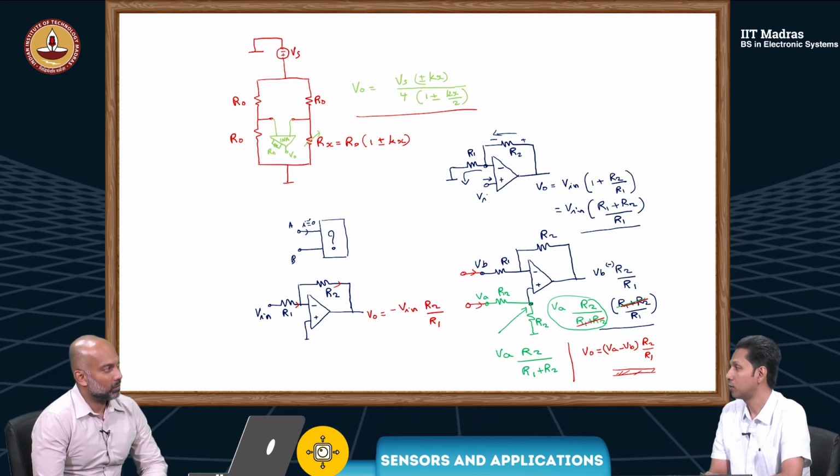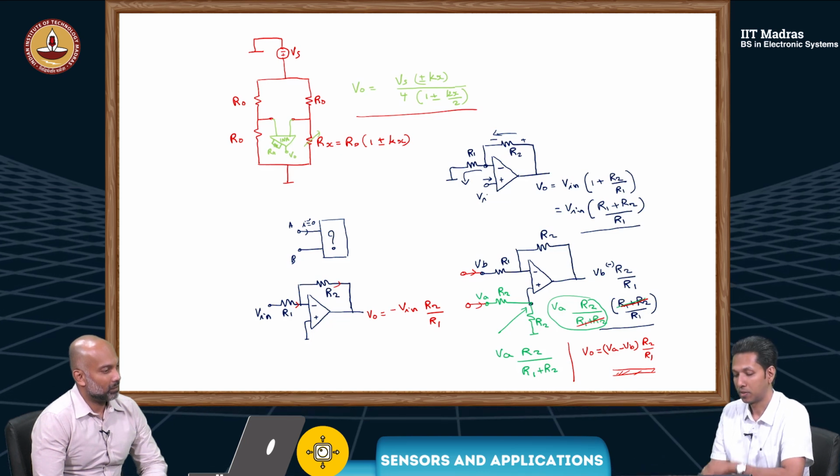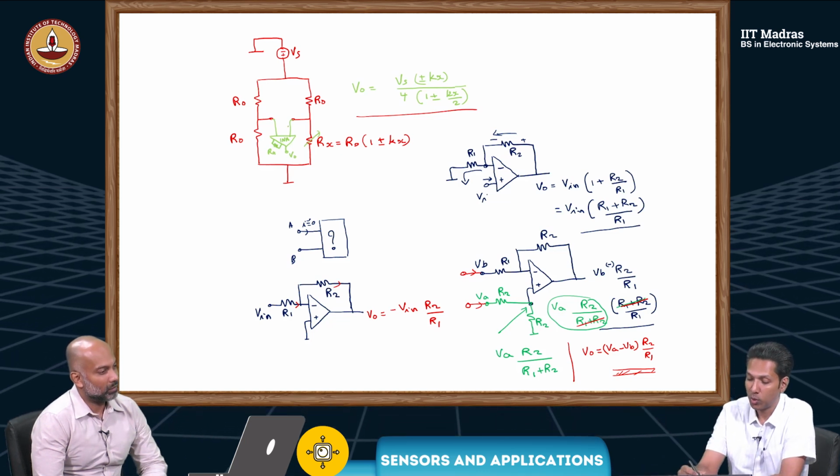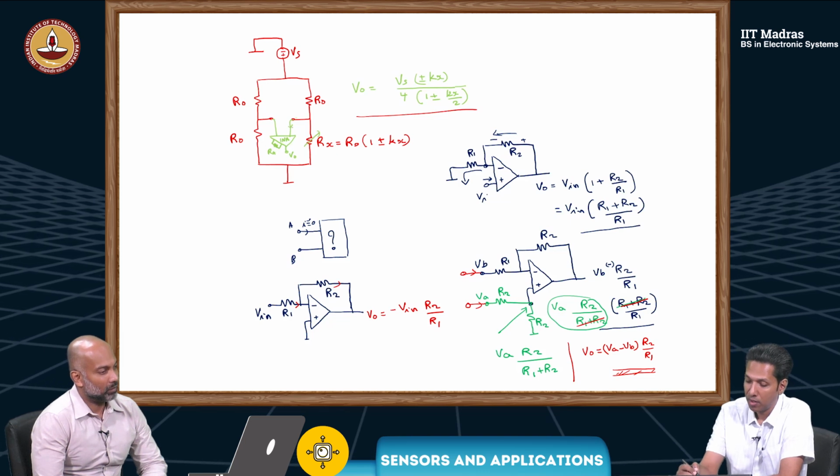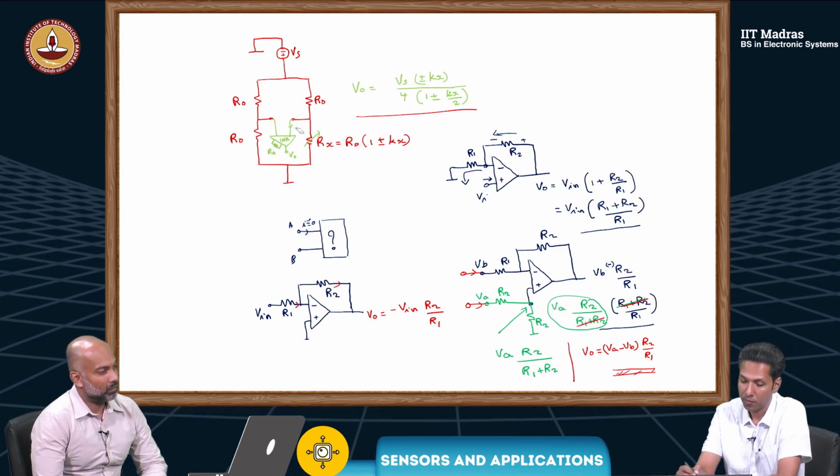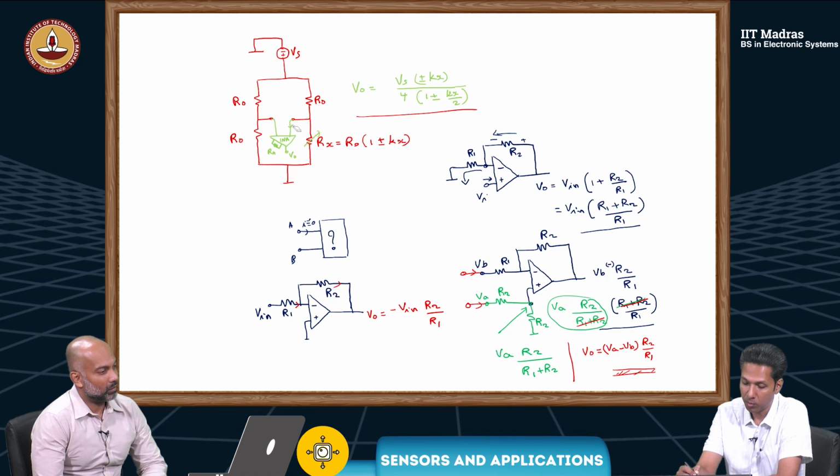Now we will not have the loading problem, because it is no more going to draw current from these terminals. So you have very high input impedance.